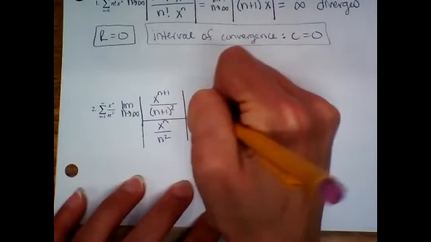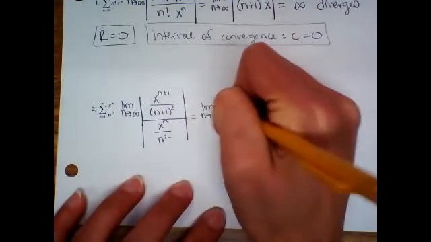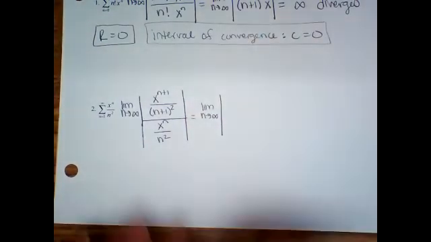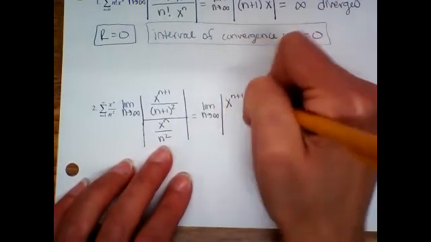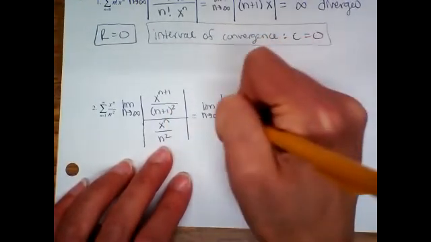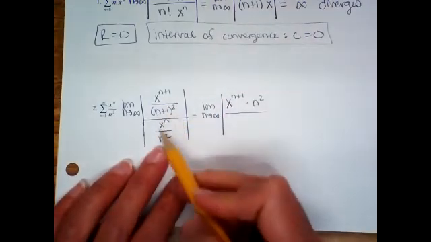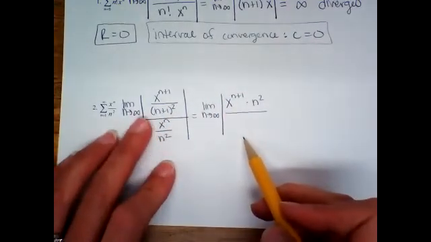So then we're going to do the reciprocal. So this n squared is going to come up to the top. So it'll be x to the n plus 1 times n squared. And then all this stuff in the middle is what goes on the bottom, but you want to try to line it up.